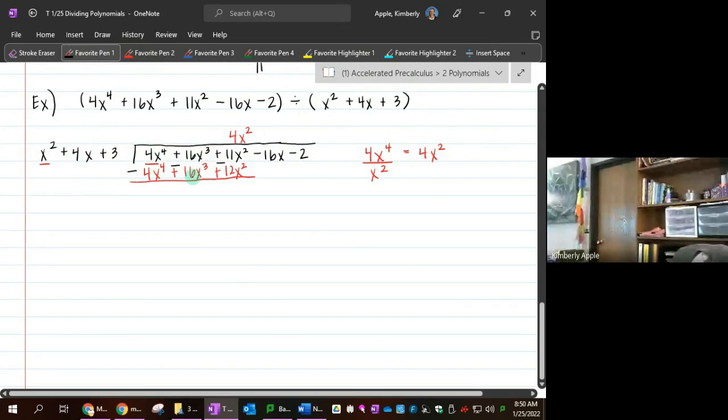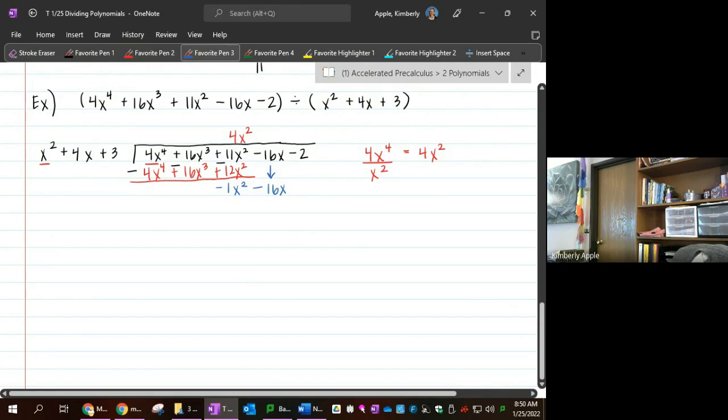So this time both are going to drop out. That does not necessarily always happen. It just happens this time. Like this goes away and this goes away because 16 minus 16 is 0. Then I have 11x squared minus 12x squared. So that's just going to be negative 1x squared. And then I bring something down.